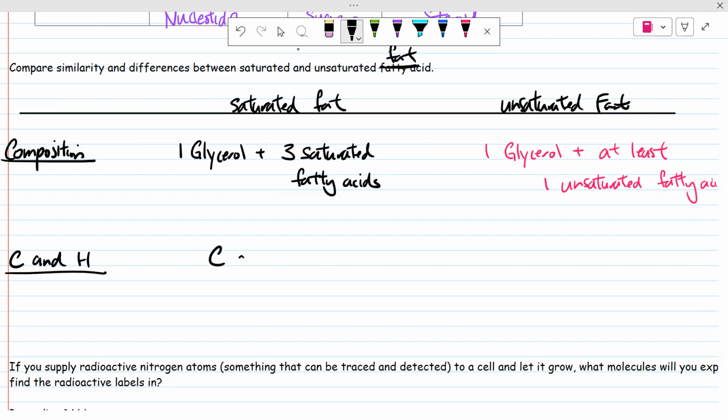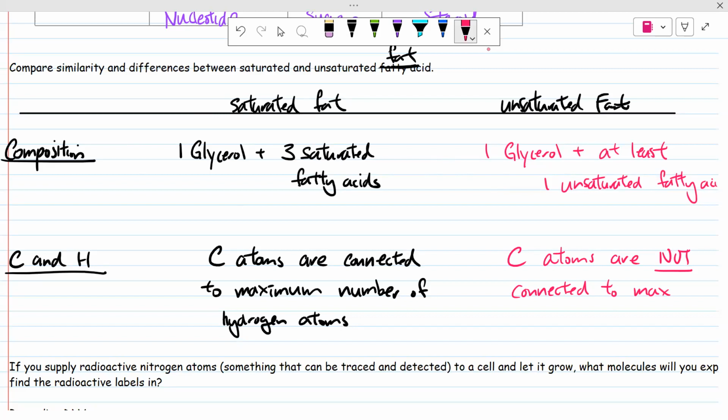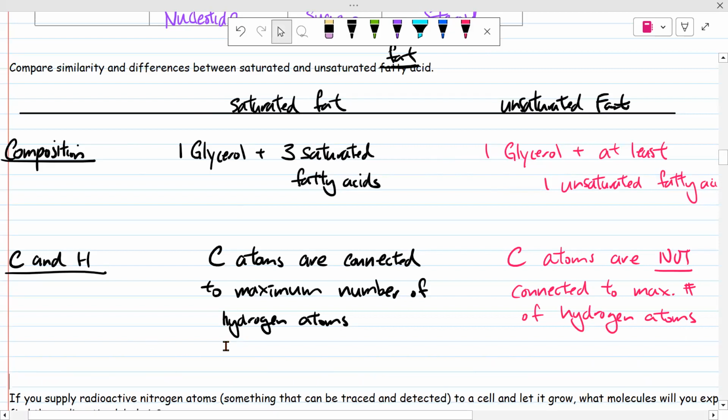For saturated fat, carbon atoms are connected to the maximum number of hydrogen, whereas the unsaturated fatty acid is not. If you memorize one, you will remember the other one. It's just completely opposite.